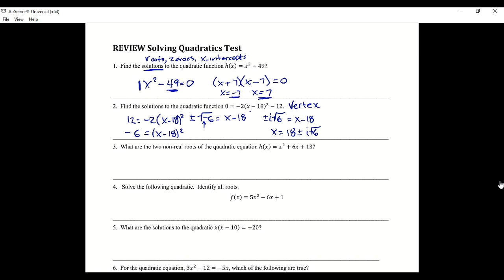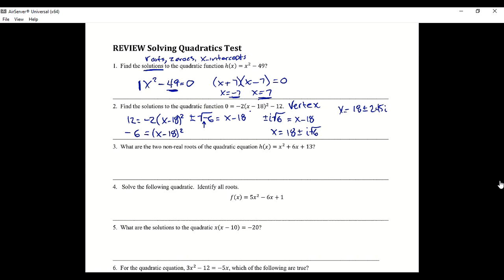Now we could leave it like this, or we could take the square root of 6. Calculator turn on. 2.45. So we could have x equals 18 plus or minus 2.45i.